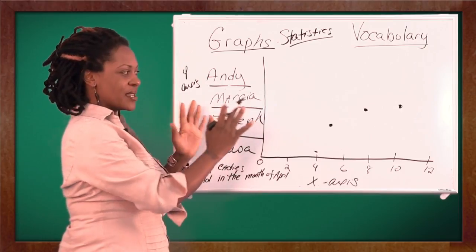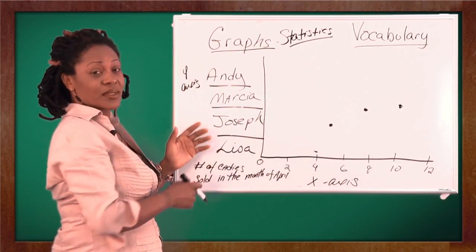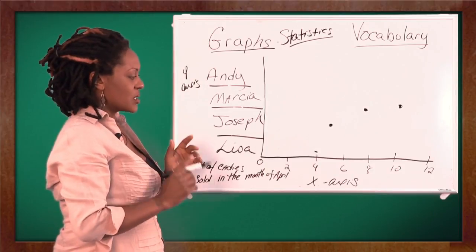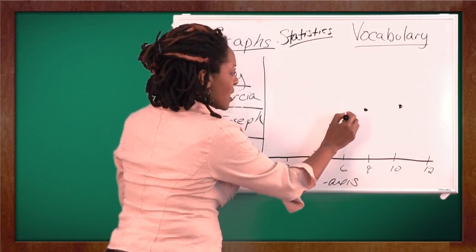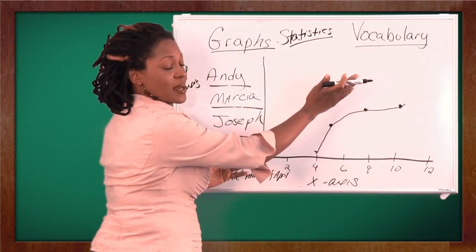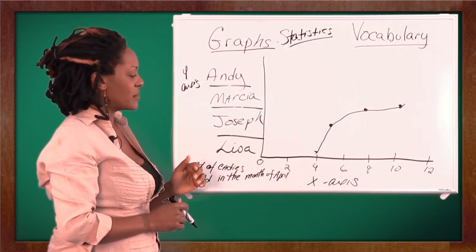Okay, so very easy to plot the information once we know what these numbers represent and what that y-axis represents. So again, we can draw a line and make a visual representation of the progress. Did it go up or did it decline as we read the progress of each student and their fundraising abilities?